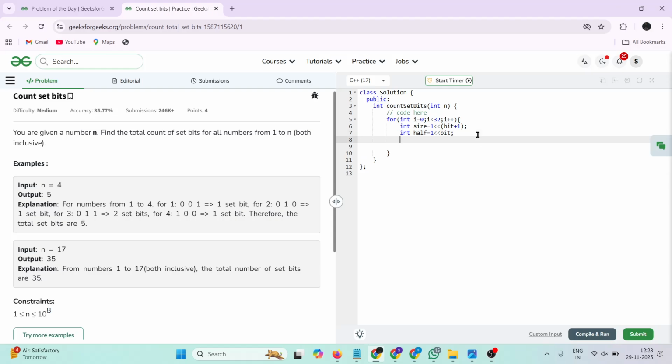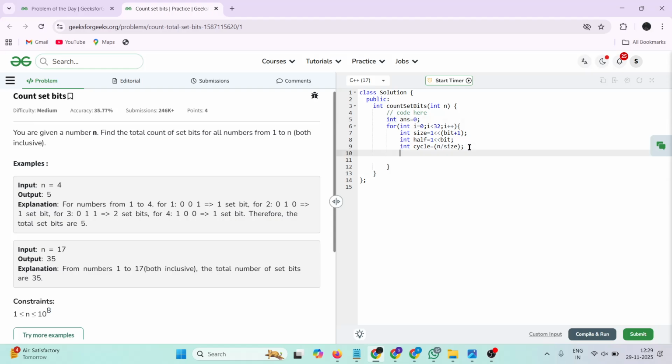Now how many cycles are there? So int cycle equal to n by size, which is going to calculate the cycles. Now int answer equal to 0.